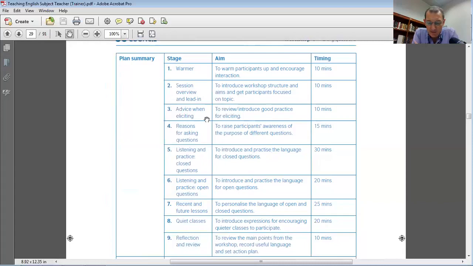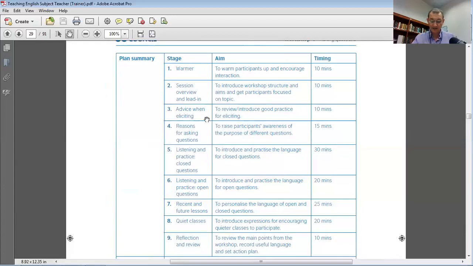This is about allowing participants or students to check their ideas together before you ask for a volunteer to give you an answer. So in this stage of the workshop, we are suggesting that it is good practice to reduce the stress levels of the students by not shining a spotlight on any individual student with a difficult question.